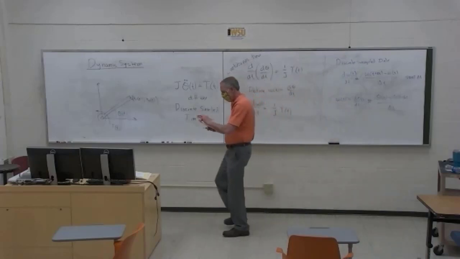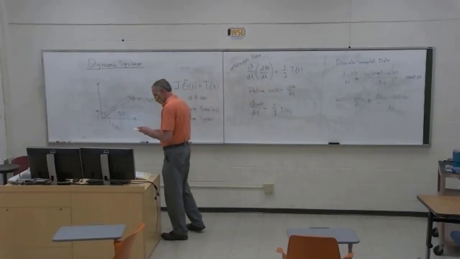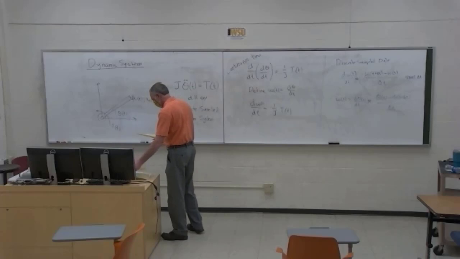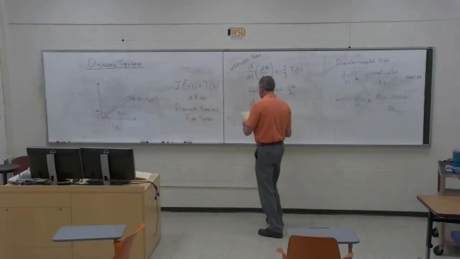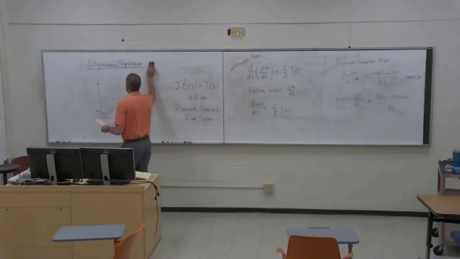I want to do this in a slightly different way. So then one way to model this system, the neural net, is with a state space or a state variable form.